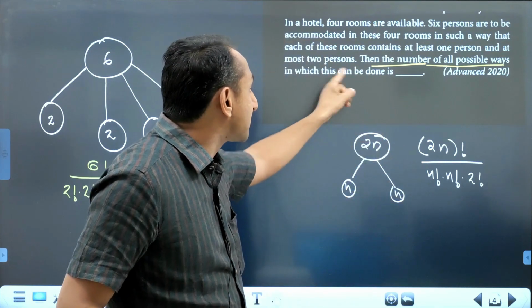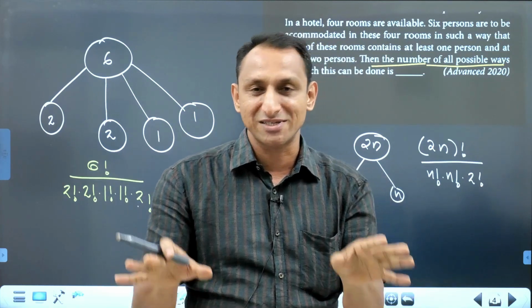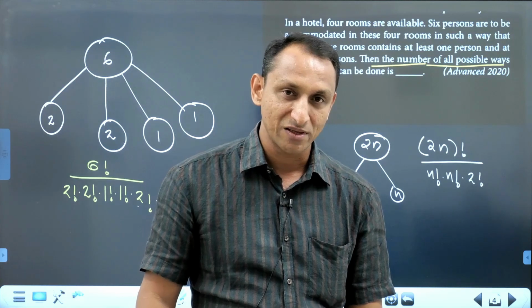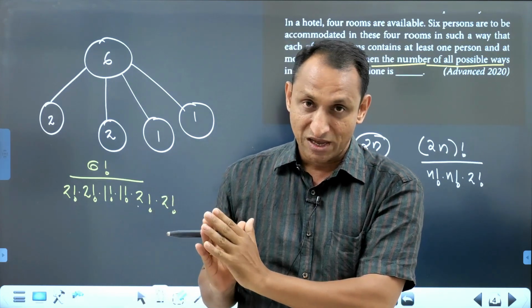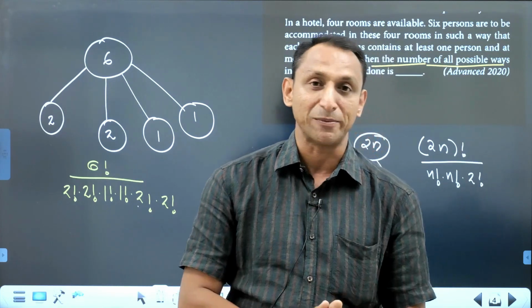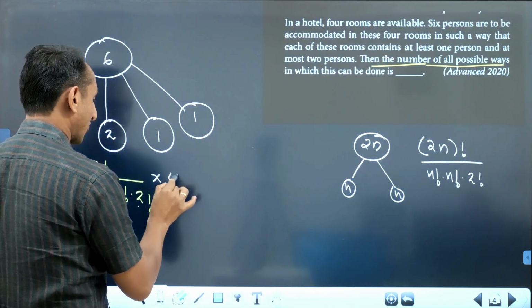The question says that we distribute these 6 persons into 4 different rooms. Here we divide only the groups. After dividing these 6 persons, we distribute them. How many ways? So I write into 4 factorial.